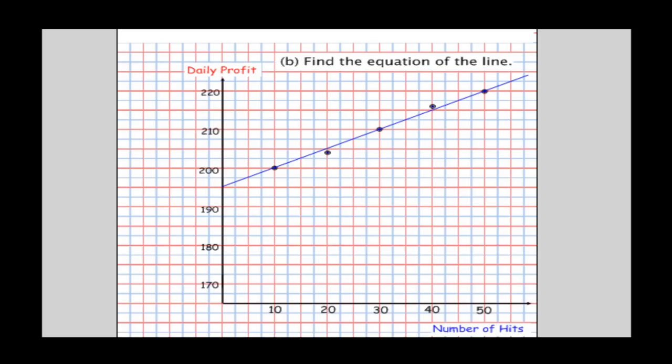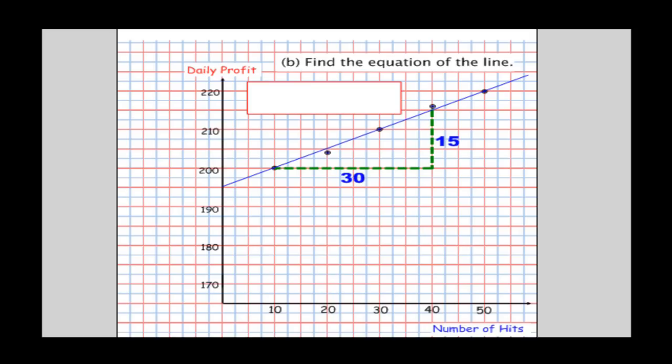We're then asked to find the equation of this line. First thing we do is we need to find the gradient of the line. So we draw a line across and a line up between 2 points on the line. And then measuring the squares, we see that it's 15 up between these 2 points, and it's 30 across.